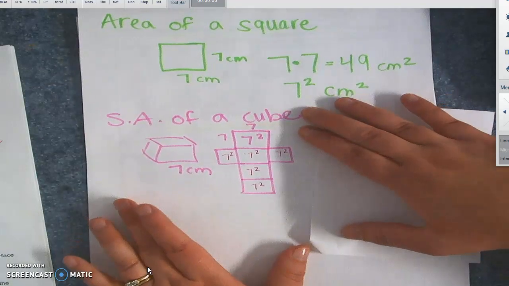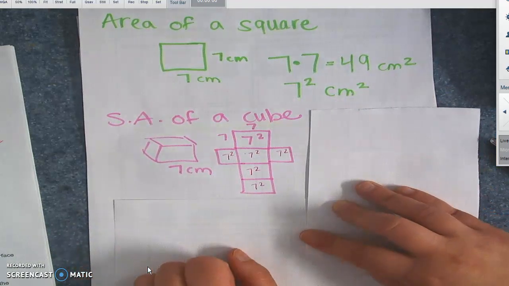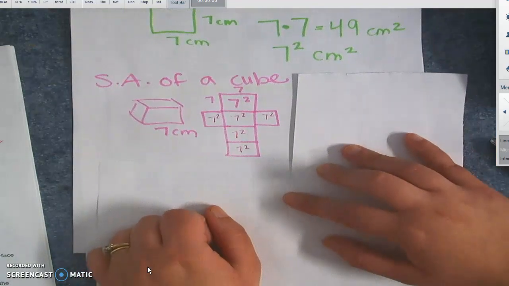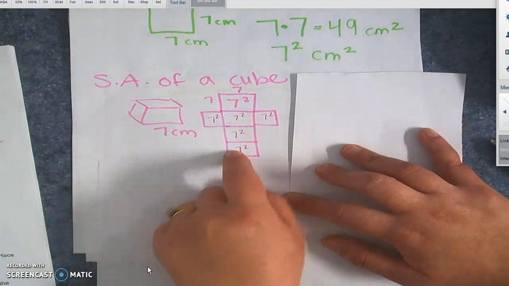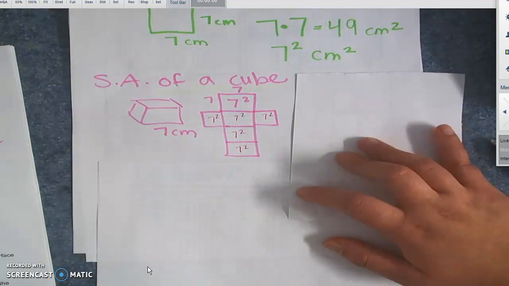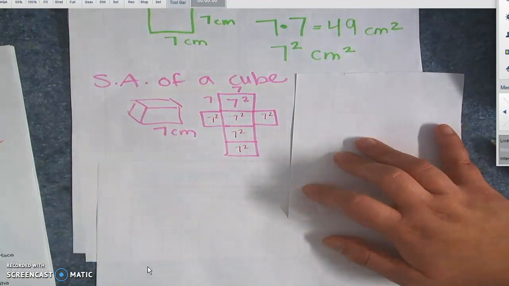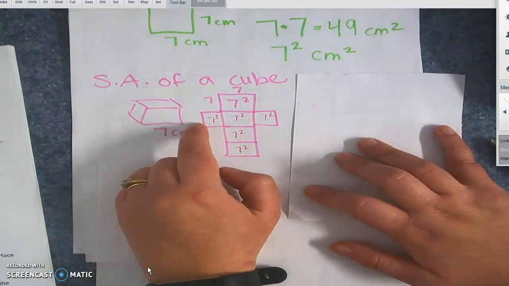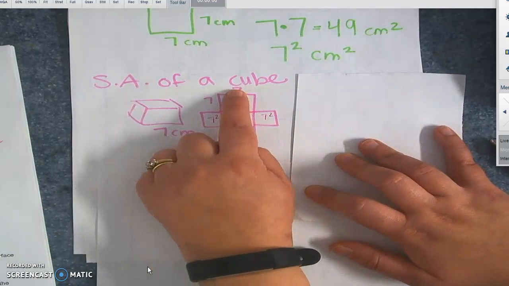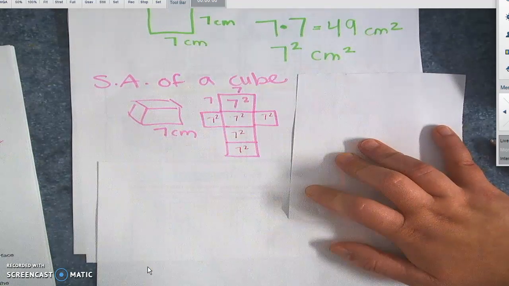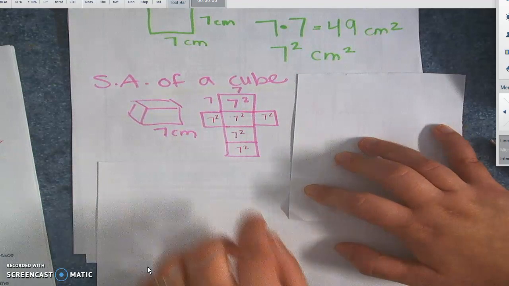If I draw that flat, it is made completely of squares, and each square is the exact same size, and I have 6 of them because I have a top, bottom, side, side, front, back. So each square is going to be 7 times 7, which we can write as 7 to the second power, and I have 6 of them.